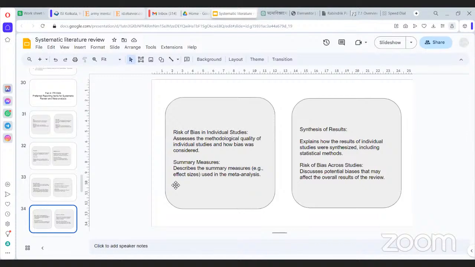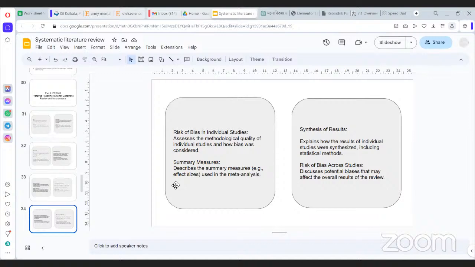Next is risk of bias in individual studies. It assesses the methodological quality of individual studies and how bias was considered. Next is summary measures. It describes the summary measures, for example effect size, used in the meta-analysis.